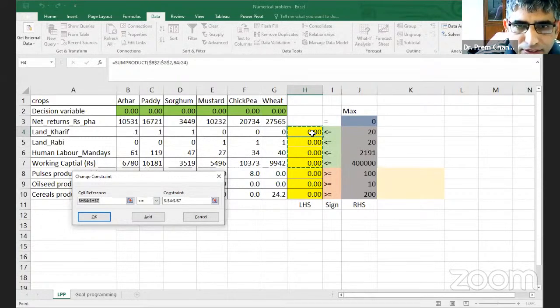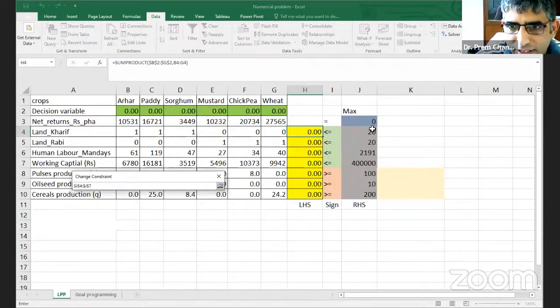That means the resources used, summed over all crops, should be less than the availability, which is in the right hand side, J4 to J7. Yes, I can select it again. It has been selected twice, anyway, I will delete it.